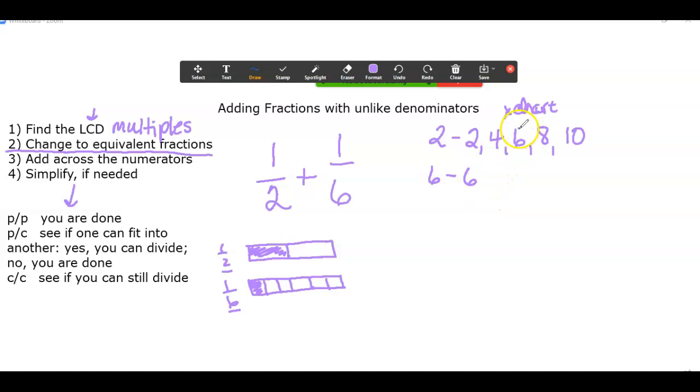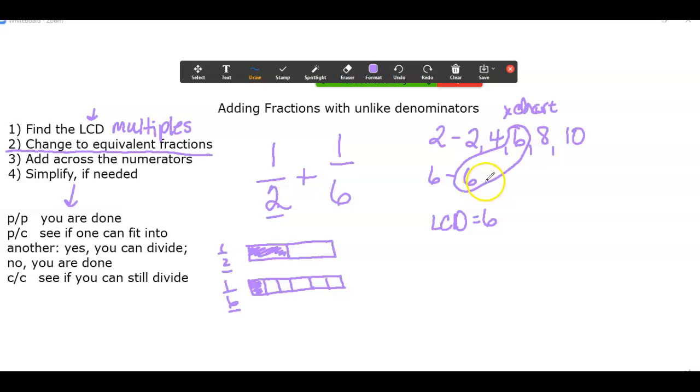Now, I'm looking here and I see that there's already a common denominator. Okay, and since this is the first multiple of 6, then that has to be my LCD. Okay, because 2 can fit into 6. So remember, if I have a denominator like 2 that can fit into the other denominator, then the larger denominator is the LCD. Okay? Do I need to continue and do my list over here? No, I don't need to. Once I find the lowest, then I'm done.